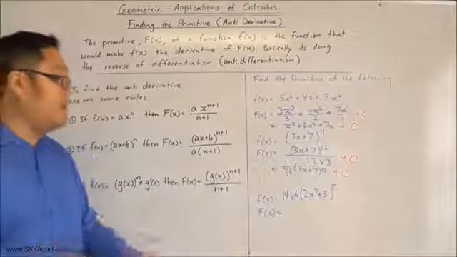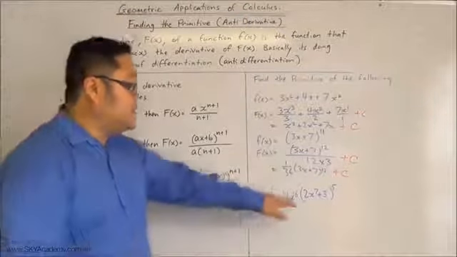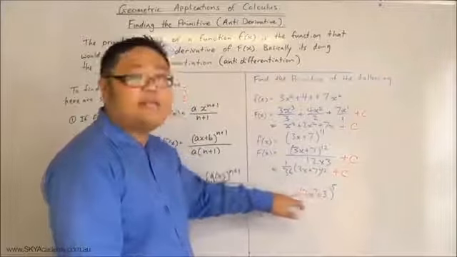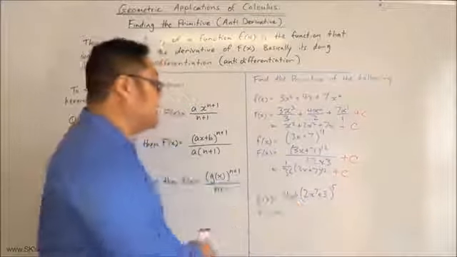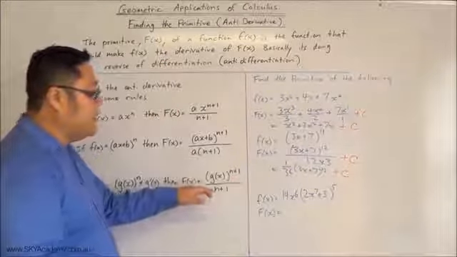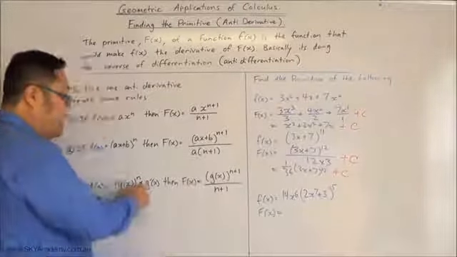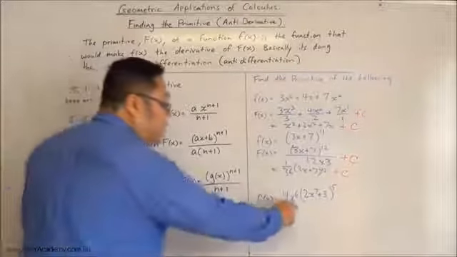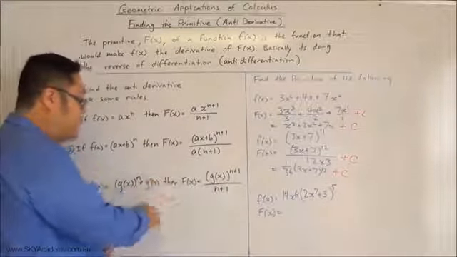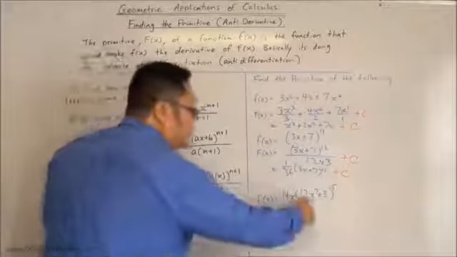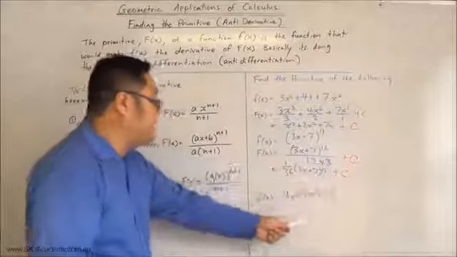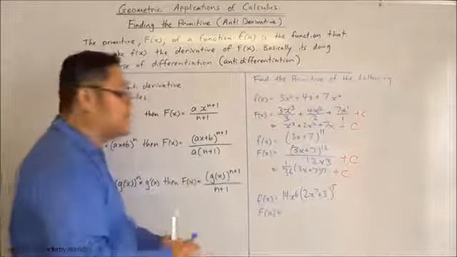And then the last one. What you'll notice is the differential of 2x to the power of 7 plus 3 is 14x to the power of 6. So this takes the form of the function-of-a-function rule, where g dash of x is the 14x to the power of 6, which will disappear, and we're just left with g of x, which is 2x to the power of 7 plus 3, raised to the new power and divided by the new power.